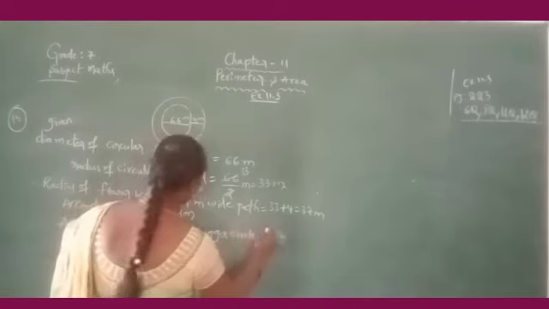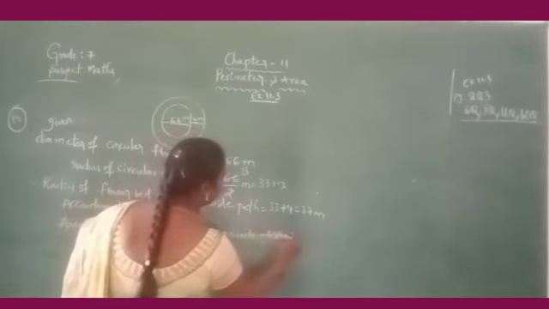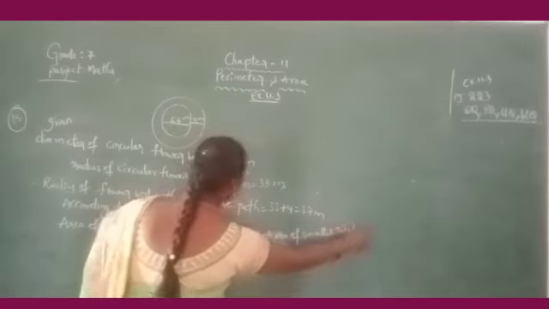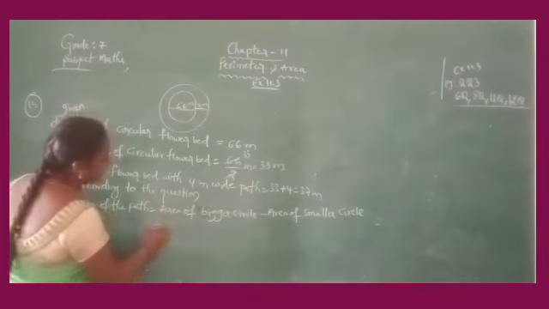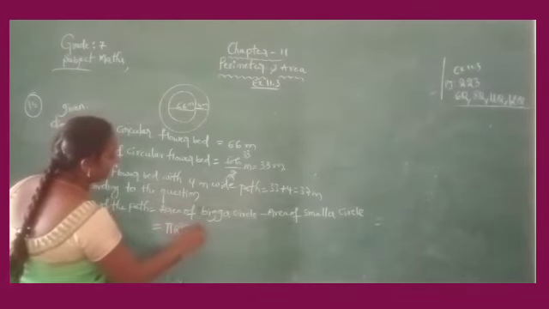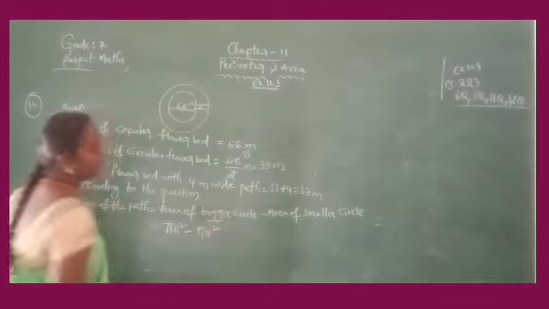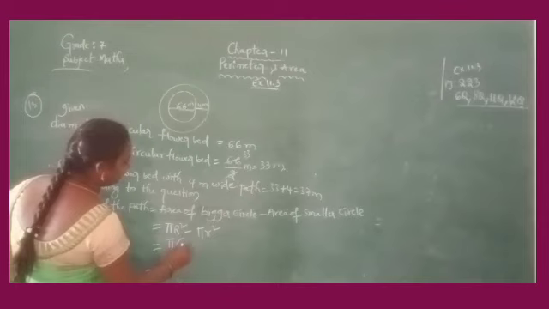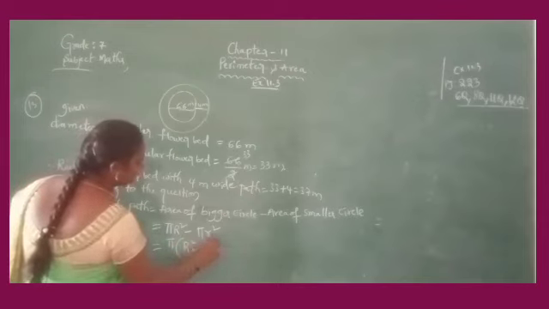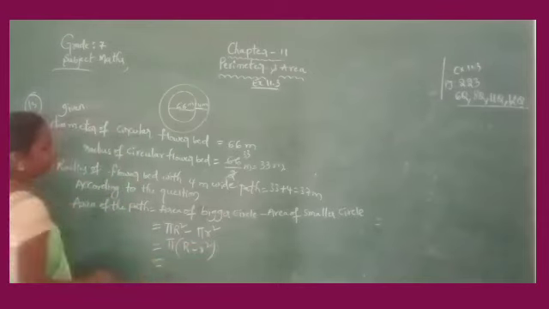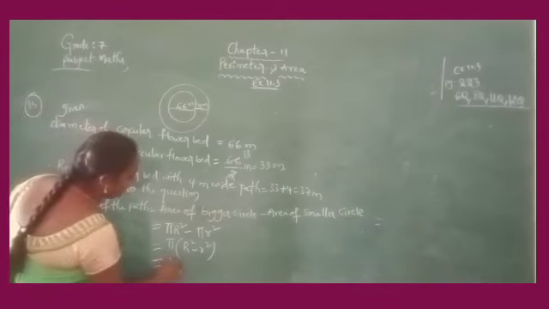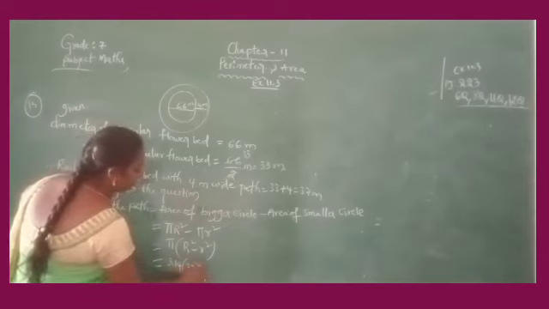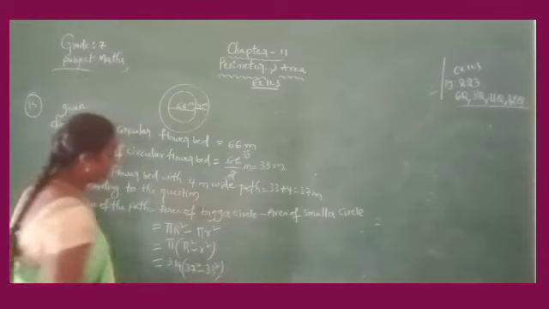The bigger circle is pi R square and the smaller is pi r square. Now pi is common, so take pi common: pi into R square minus r square. What pi value do you take here? 3.14 into 37 square minus 33 square.